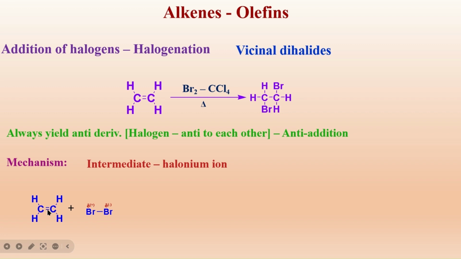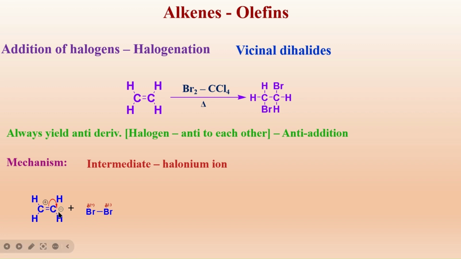This electromeric effect is a temporary polarization that occurs across the carbon-carbon double bond in the presence of an electrophile like Br plus. The pi electrons move towards one carbon and it becomes electron rich. The other carbon which has lost the electrons becomes electron deficient, which is represented as a positive center. This is the electromeric effect.